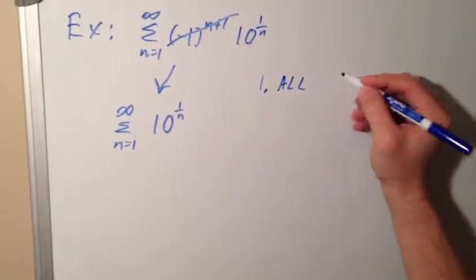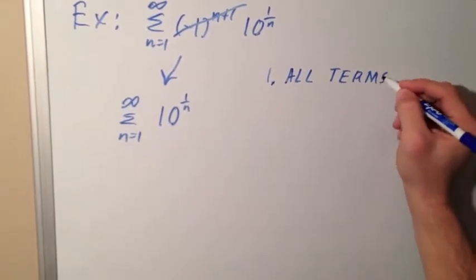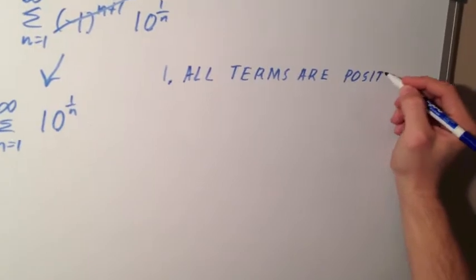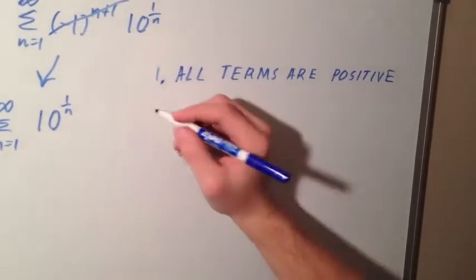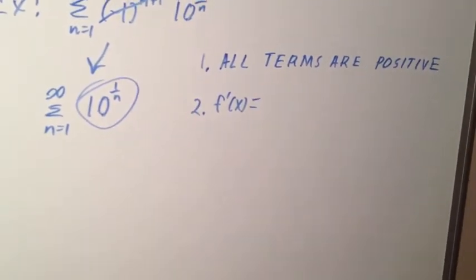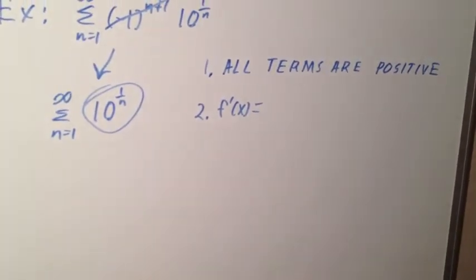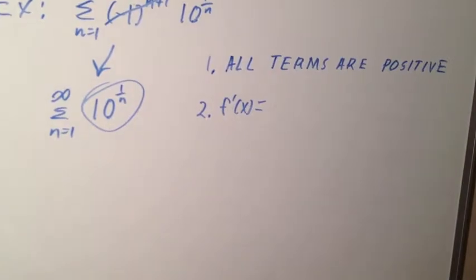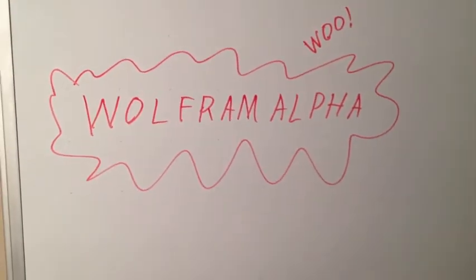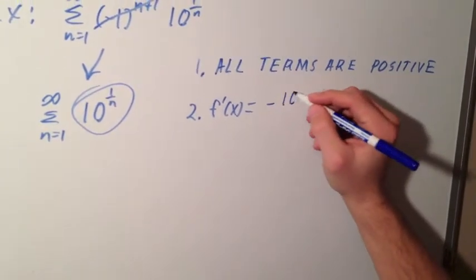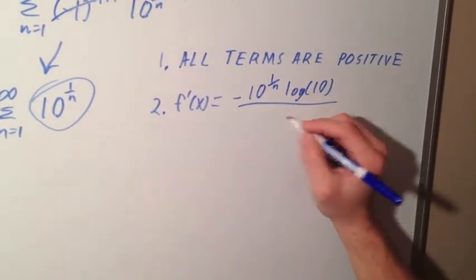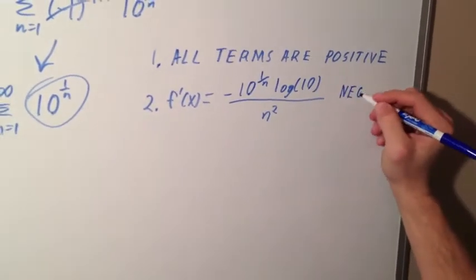Looking at our first condition, we can see that for all the numbers we plug in for n, for 1 through infinity, will give us positive terms for this series. This condition is met, so for our second condition, the derivative of 10 to the power of 1 over n has to be negative. Now I had a brain fart on how to find this derivative, but thanks to Wolfram Alpha, we know that the derivative is negative 10 to the power of 1 over n times log of 10 over n squared, which is negative.